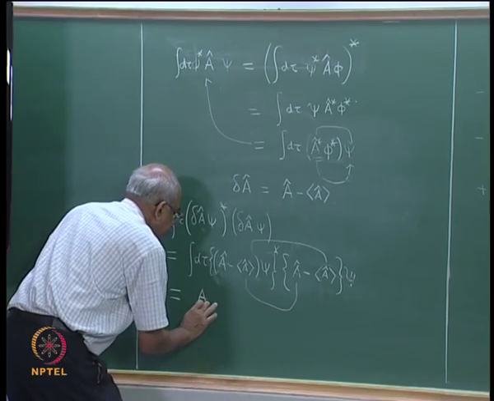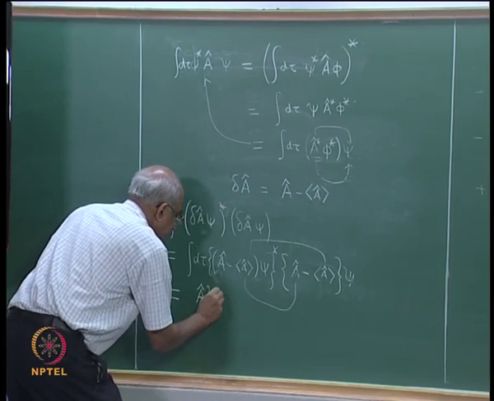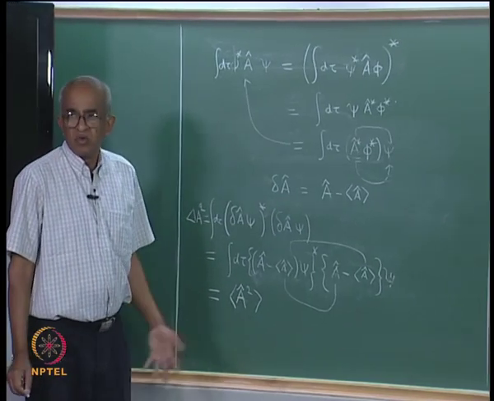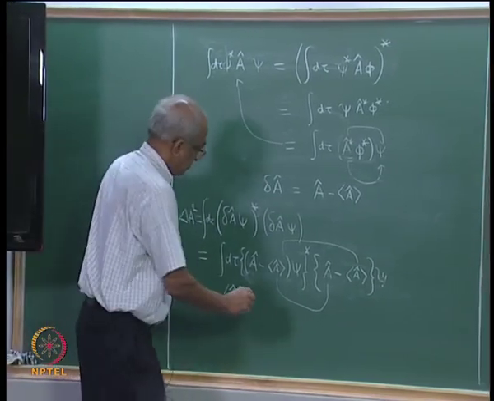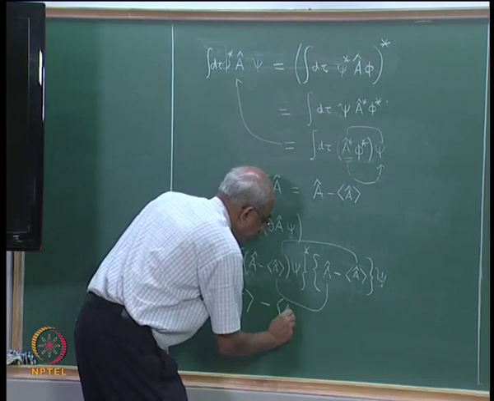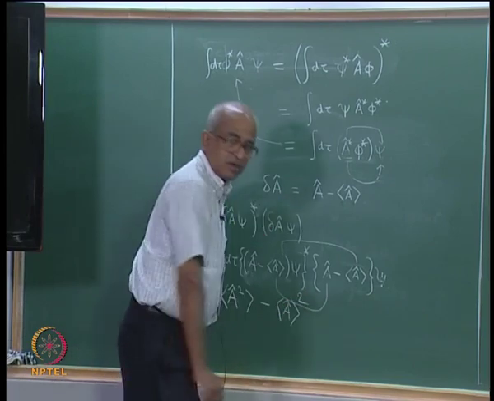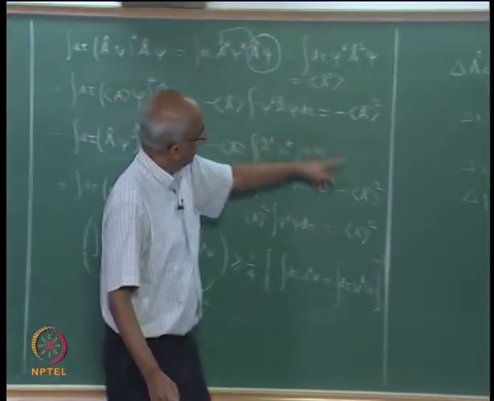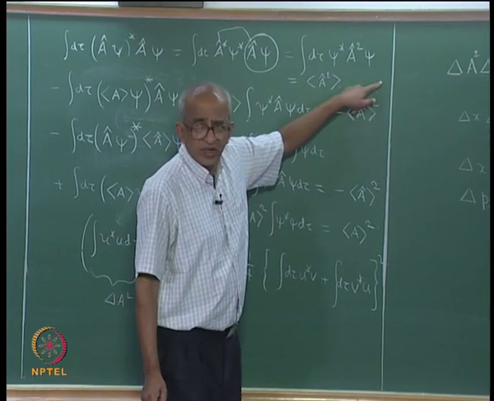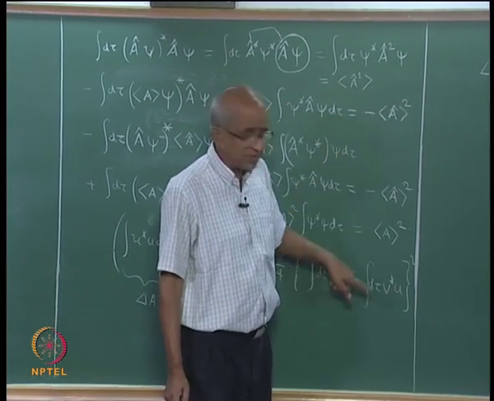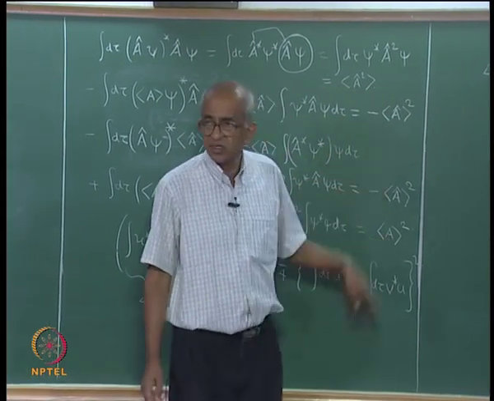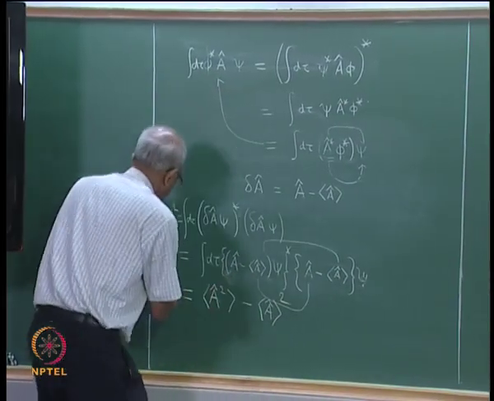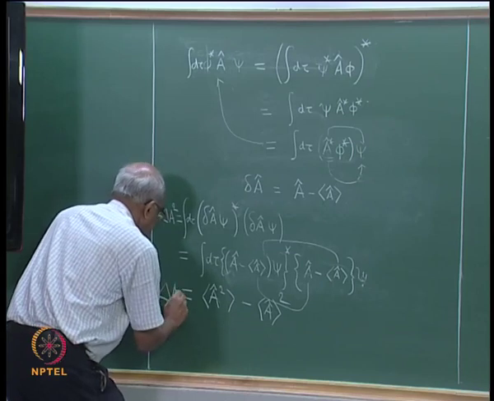You get expectation value of A square minus expectation value of A square, that is all, correct, because there were 2 with the negative sign, 2 expectation value of A square with negative signs and 1 with the positive sign, and therefore, the net result is this, and therefore, what is it? I mean, whatever I wanted to show, I have achieved.